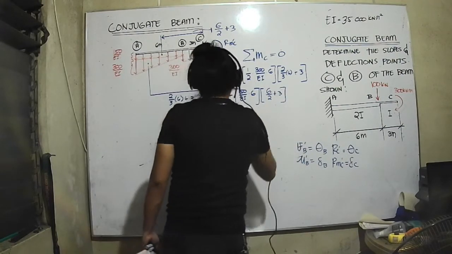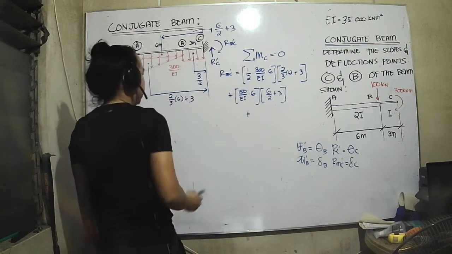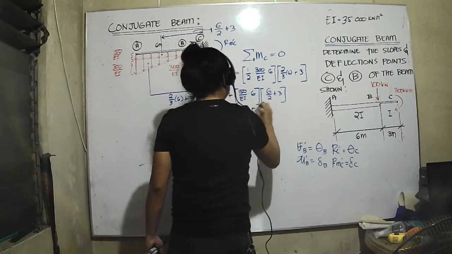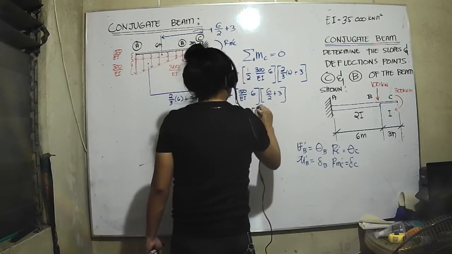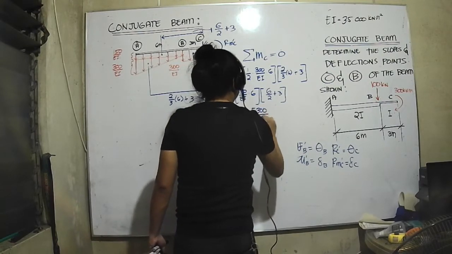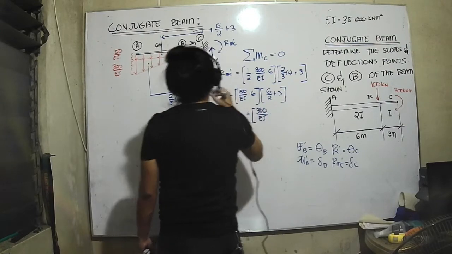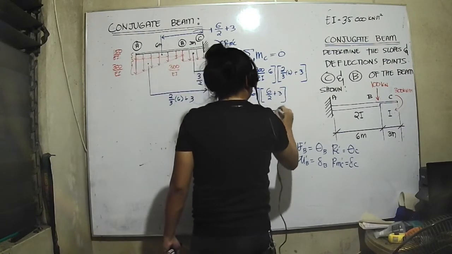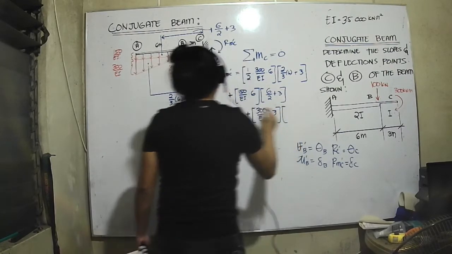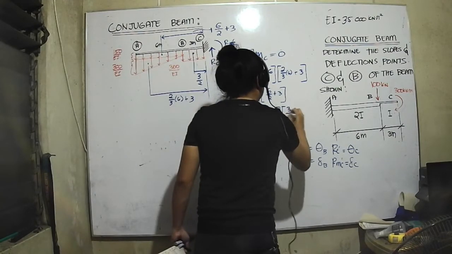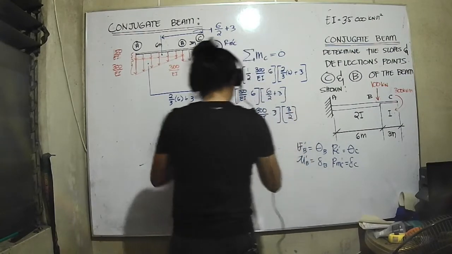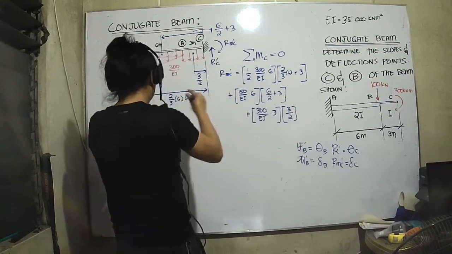Plus the other rectangle, whose area is 300 over EI times 3, with moment arm equal to 3/2.